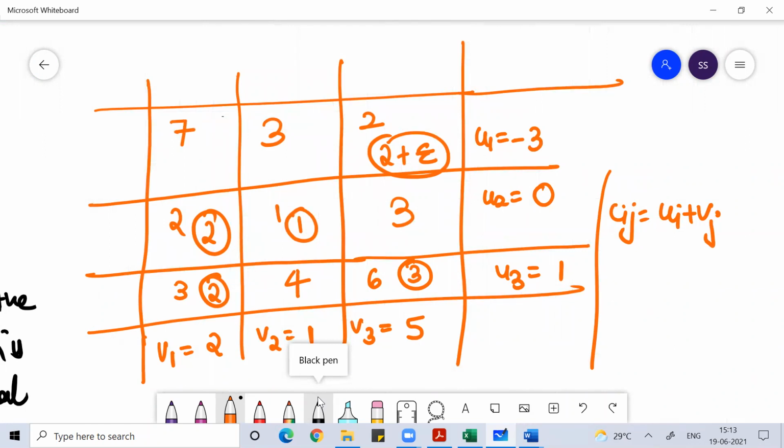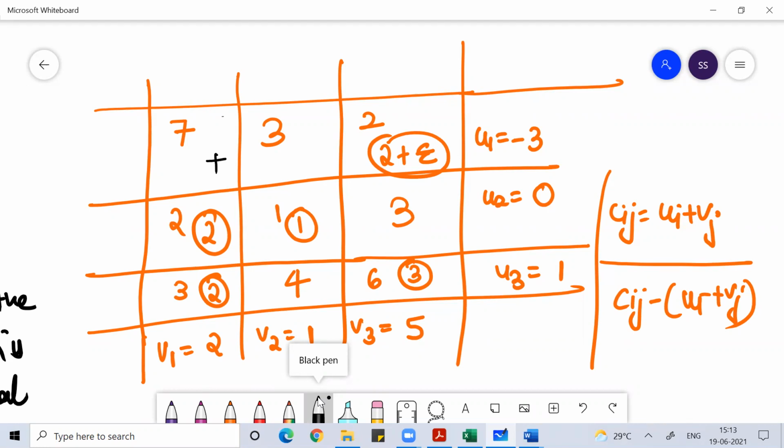So we got u1, u2, u3 and v1, v2, v3. Now for unoccupied cells, use the formula Cij minus (ui plus vj). So this is minus 3 plus 2, which means minus 1. 7 minus minus 1 will be plus. Then this is 1 minus 3, which is minus 2.